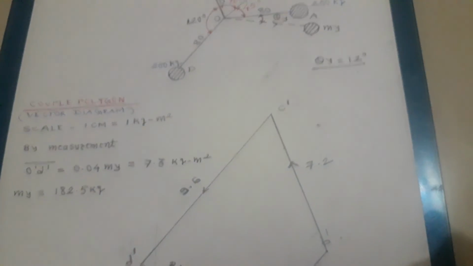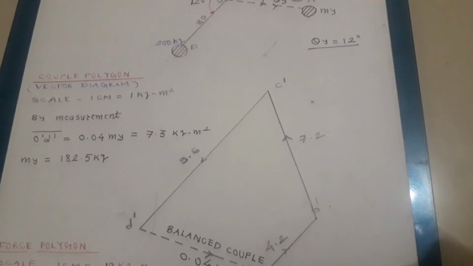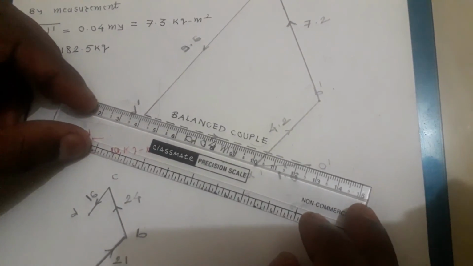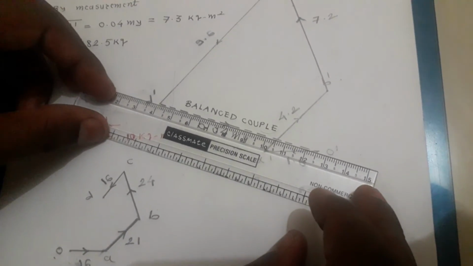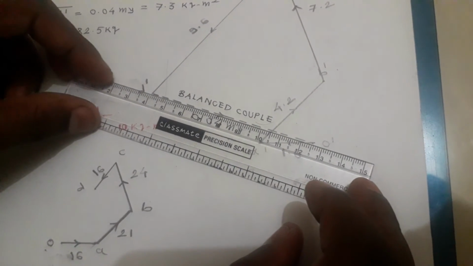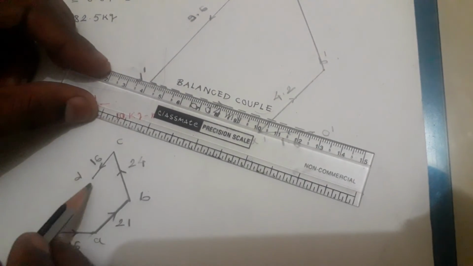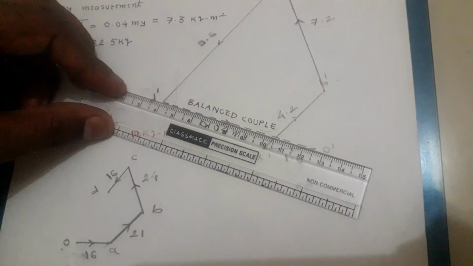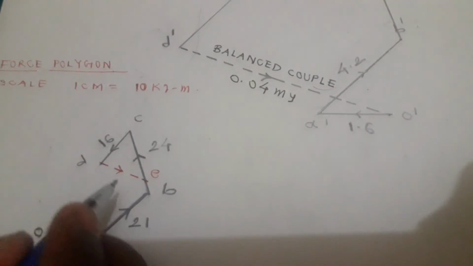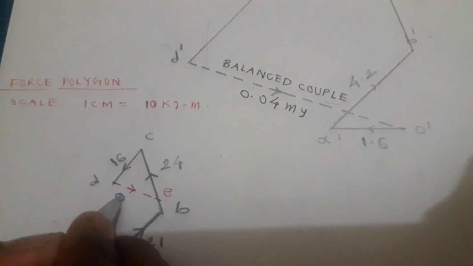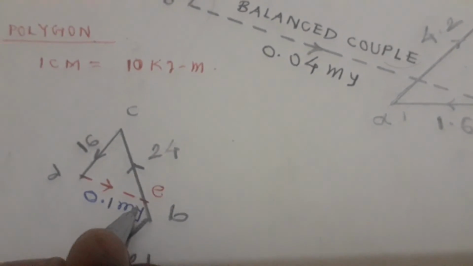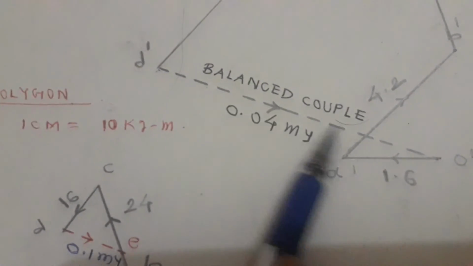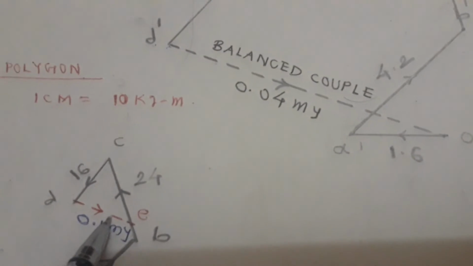With this we can draw, or either directly I can take the reference of this particular position, and by means of the roller scale or the drafter, from this point D I can draw the vector. So this is the vector showing the magnitude as 0.1 m into y. This is directly a line parallel to this vector O dash D dash here.